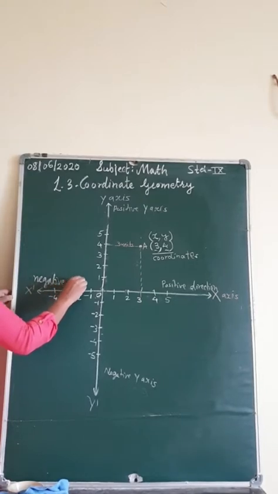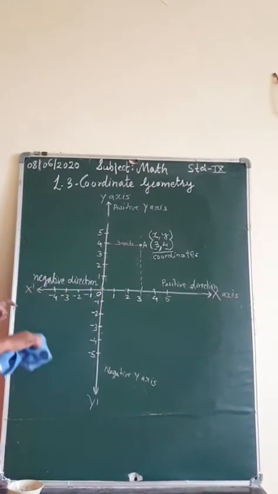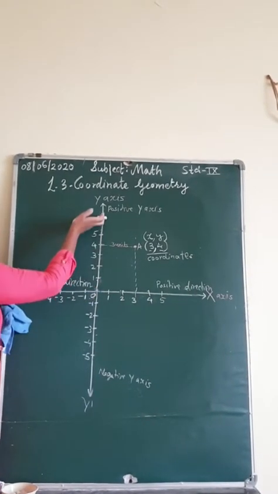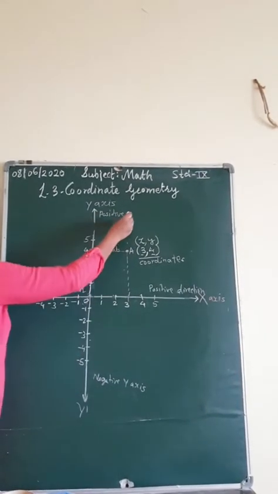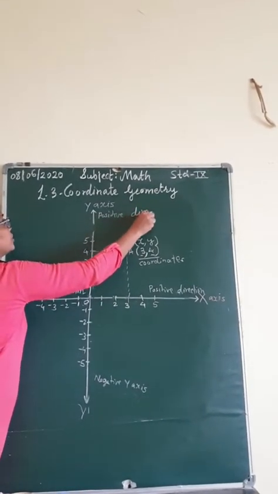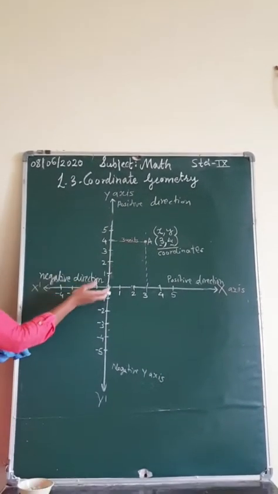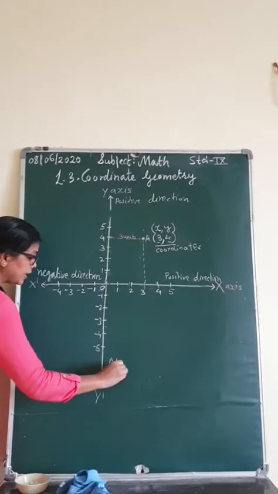You should know these terms when we are dealing with coordinate geometry. Similarly, when we move above 0 on the y-axis, that movement is known as positive direction. Same way, when you move on the y-axis below 0, that is negative direction.